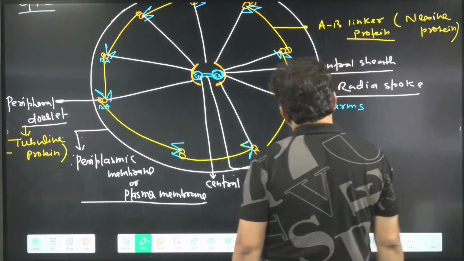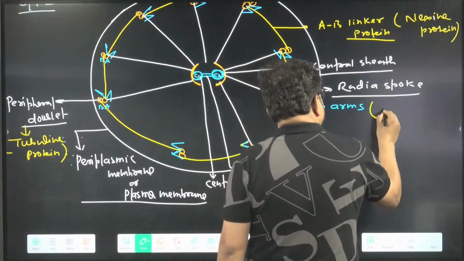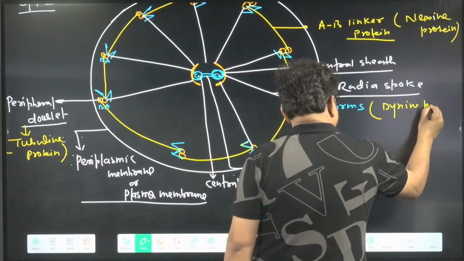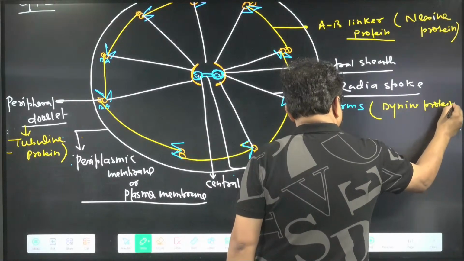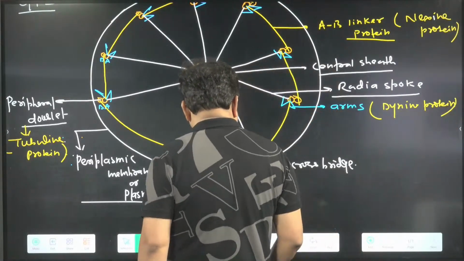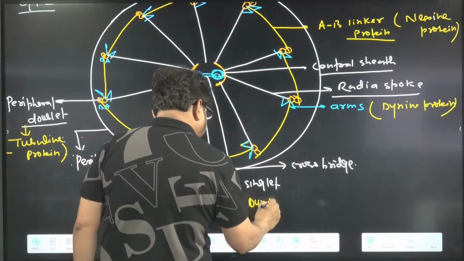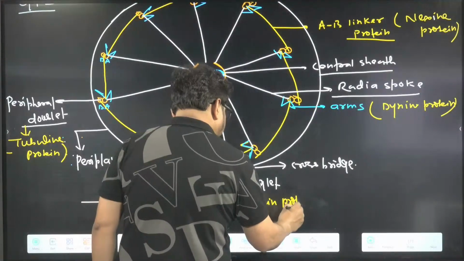Arms are made up of dynein protein. And central singlet is also made up of dynein protein.